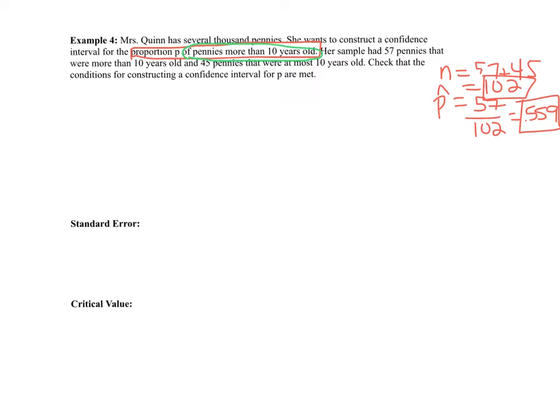Okay, so let's check our conditions. So the first condition is a random sample. This actually doesn't tell us that it's a random sample. However, we are going to have to assume that the pennies, since there's several thousand of them, are mixed up. So we can assume that the pennies are independent. It's a reasonable assumption here.